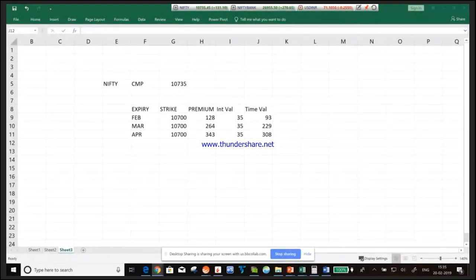Now let's say we are looking at a surprise, and the surprise is Nifty goes to 11,500. That's the surprise. Now, what is the probability of this surprise occurring in Feb or March or April? Where is the probability highest that Nifty can go to 11,500?